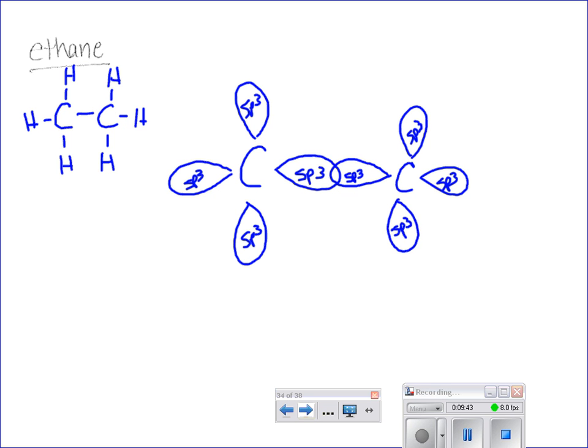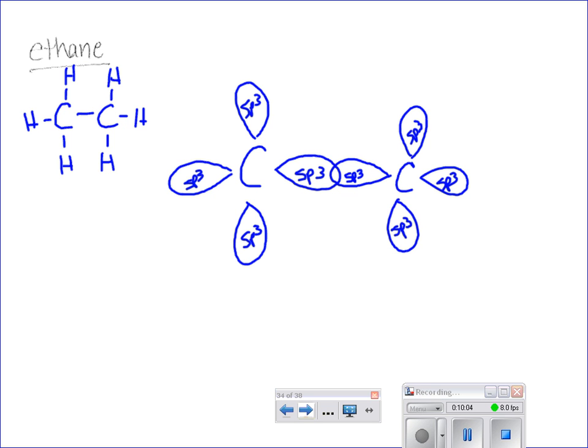Okay, what about the hydrogens? Tell me about hydrogen. How many electrons? 1. Tell me about orbitals. How many orbitals are there? 1. Are there any orbitals to mix? So hydrogen really can't make a hybrid of its own. It's only contributing its s orbital.